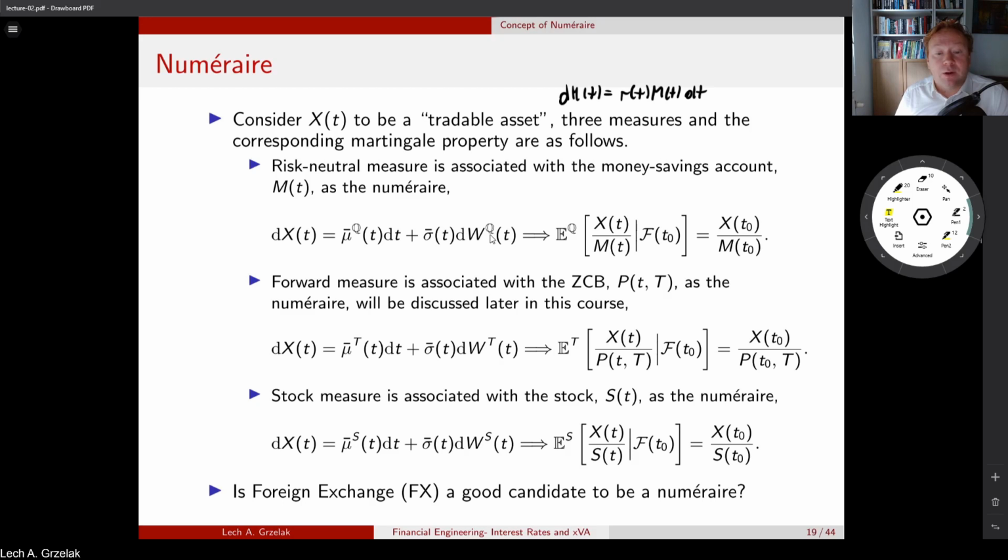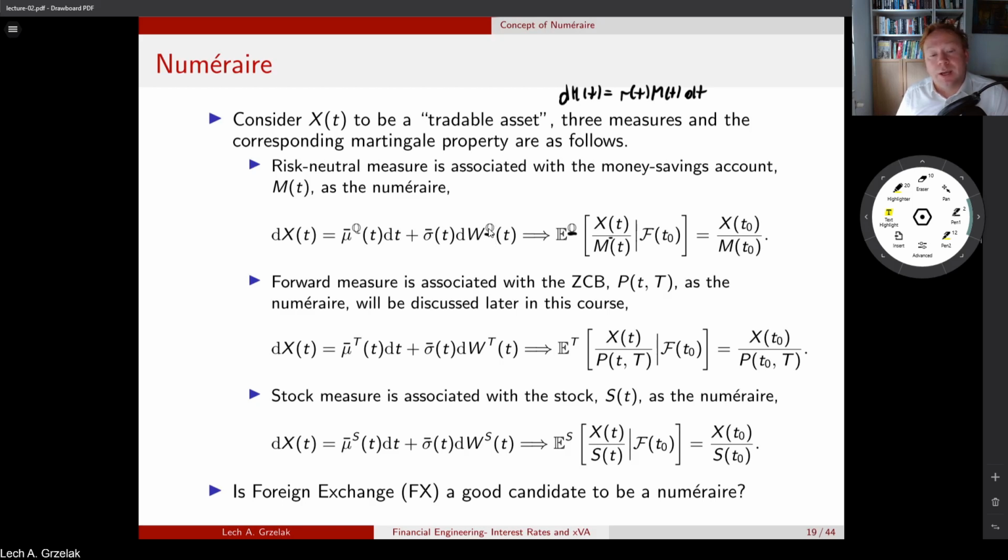Then we have a process with Brownian motion W^Q, where the expectation under Q corresponds to this Brownian motion and to the numeraire. So whenever you see W^Q, this is typically associated with the measure that we are working under.